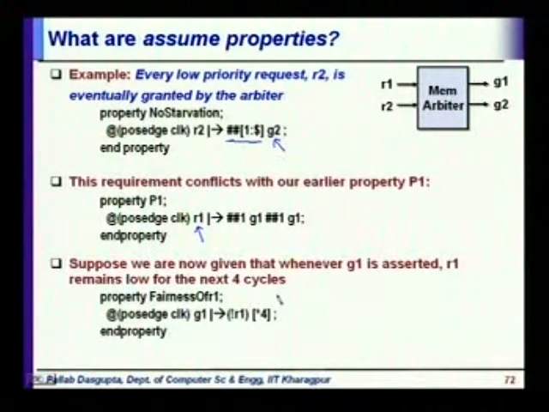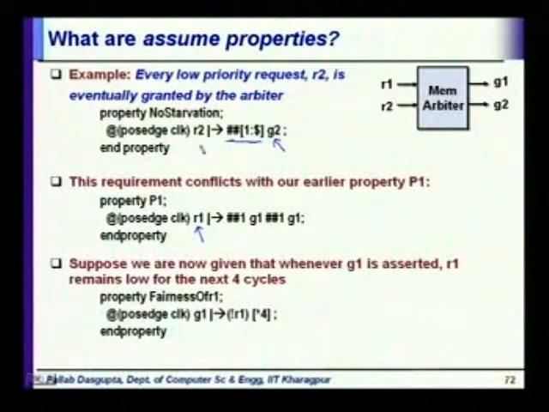So that property is written like this. It is written like any other property, that at posedge clock G1 implies not R1 for the next 4 cycles. This is the repetition operator. Remember what the repetition operator says? It says not R1 for 4 consecutive cycles.